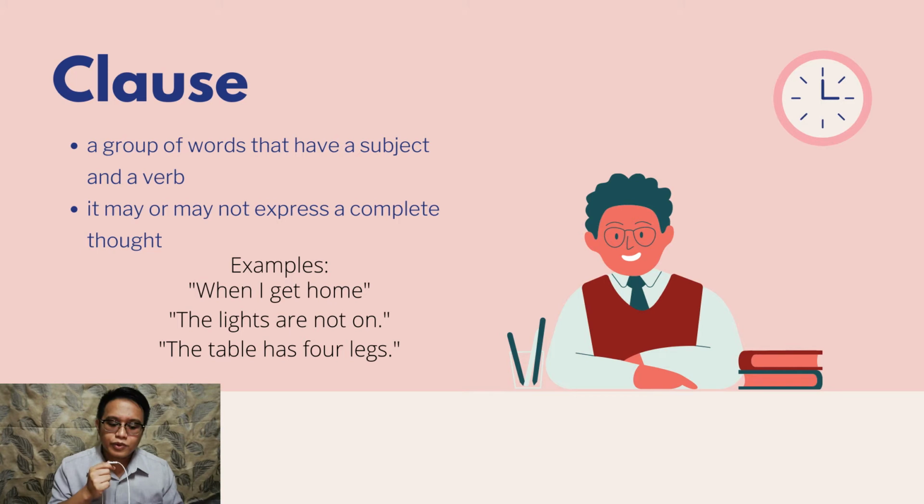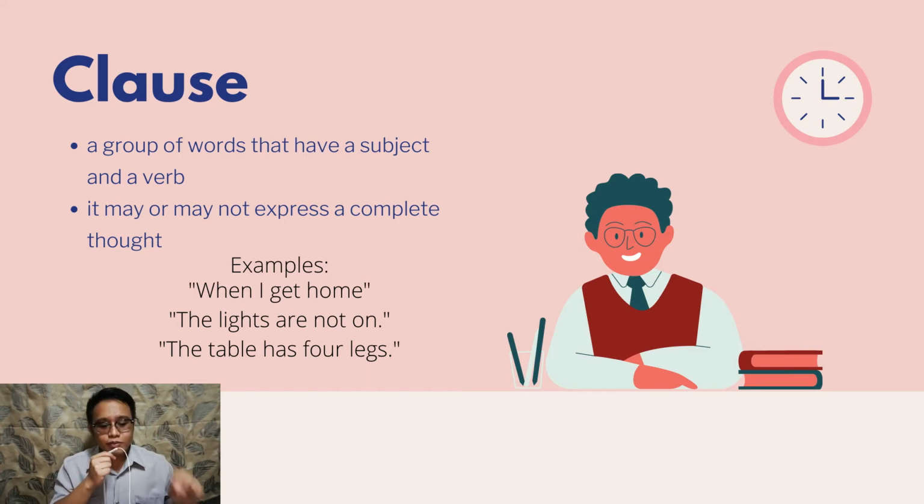Our second example, the lights are not on. The lights are not on. So what is the subject here? The subject is, good, lights. What is the verb? It's a linking verb. Linking verb are. Very good. The linking verb there is are. So it has a subject, it has a verb.